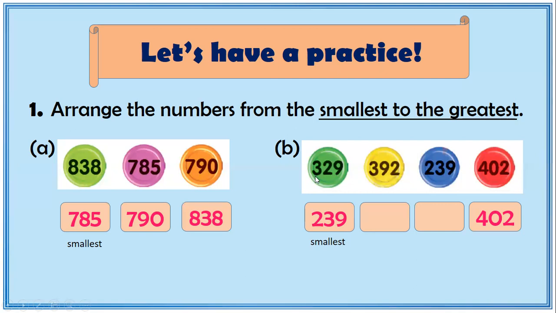So digits on the hundreds place is 3, 3. Now let's compare digits in the tens place. 2 and 9. So 2 is smaller than 9, so 239 will be followed by 329 and then 392.